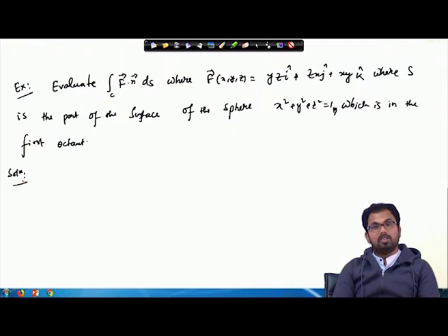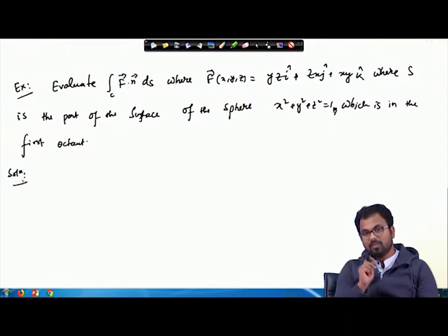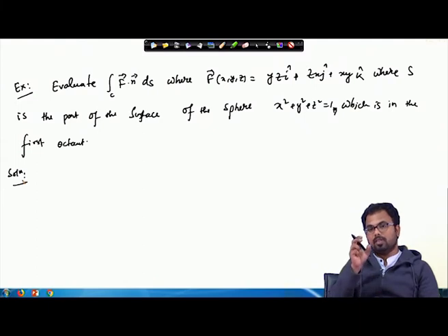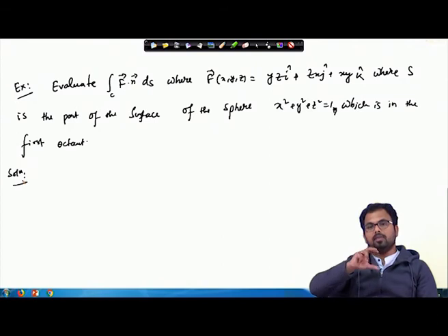But we remember from gradient, divergence and curl that if you have the equation of a surface, then the gradient of that function is a normal to the surface. So, the gradient of f is a normal to the surface f equals some constant, or f equals 0.